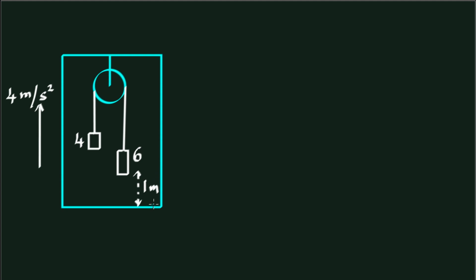That's the question. This problem is easily solved in the elevator frame of reference. In the elevator frame of reference, apart from the gravitational acceleration of 10 meters per second squared due to the earth, we also introduce an extra gravitational field whose acceleration is 4 meters per second squared downwards.